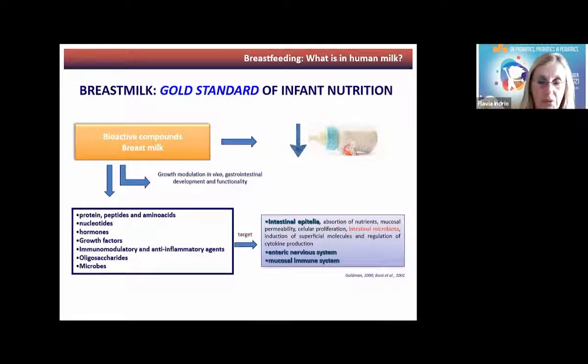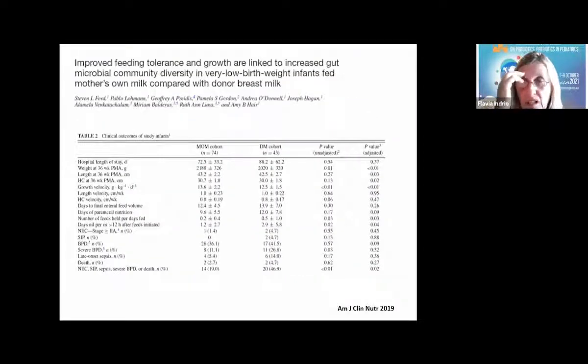So no doubt, but there is even a very recent study, published a couple of years ago, where there were two groups of children affected by feeding intolerance. One was fed with their own mother's milk, and the other group was fed with donor milk. And even in these two subgroups, the authors found a difference in clinical parameters, especially in growth velocity and in weight and length velocity.